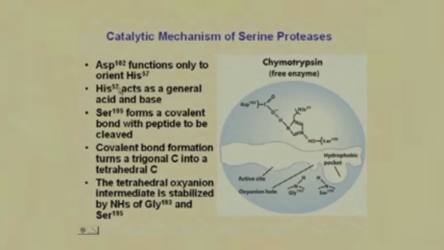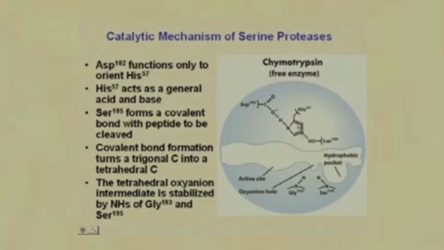The histidine acts as a general acid and base. The aspartic 102 functions only to orient the histidine. So what is the function of the aspartic acid 102? It just basically holds the histidine in place by an electrostatic interaction, or rather a hydrogen bonding type interaction, where it is holding the histidine in place.